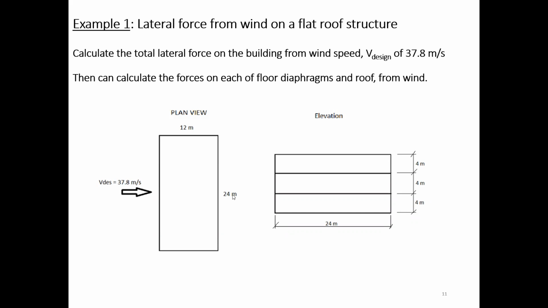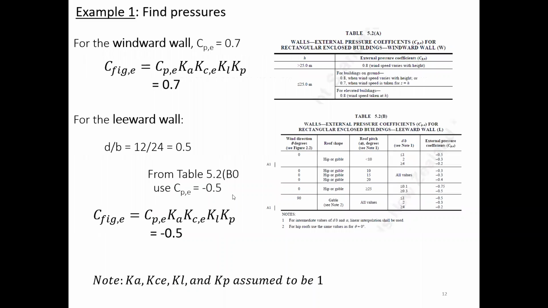Let's have a look at Cpe. We've got this table here. For the windward wall, it's very simple. We're just going to assume 0.7, because we assume that the wind speed is for the height Z equals H, and we're assuming these K factors are 1. So the windward wall factor is 0.7.